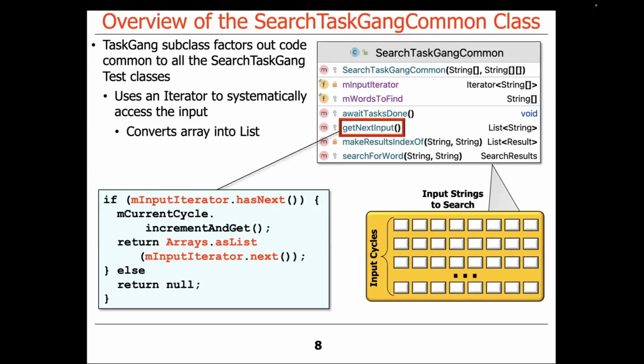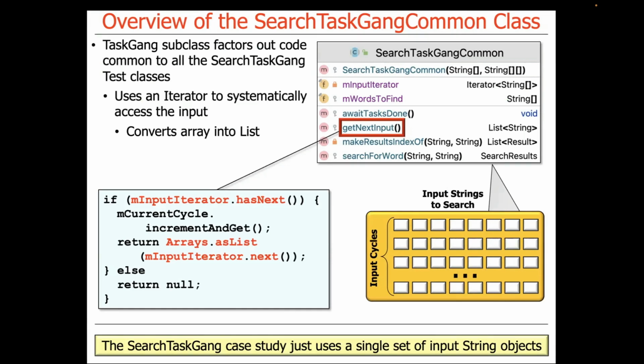And what that does is it takes the array that's passed in and turns it into a list. You can see how it does that. It uses the Arrays.asList factory method to convert the result of the input iterator into a list and gets that returned. And this particular example just has a single set of input strings. You could have cycles and have multiple lists of input strings. We just have a single list of input strings.